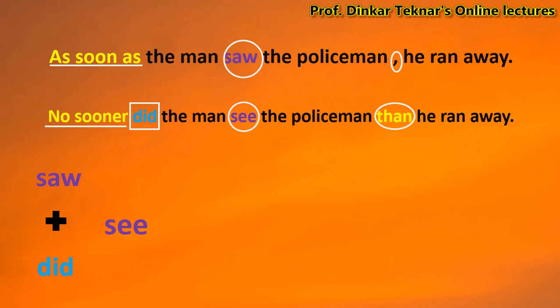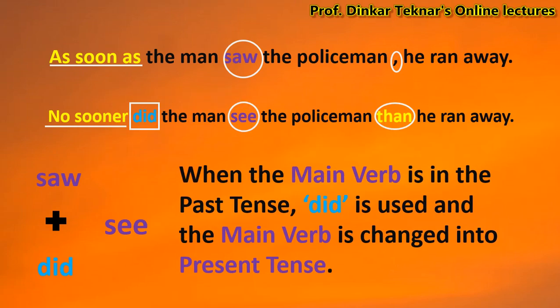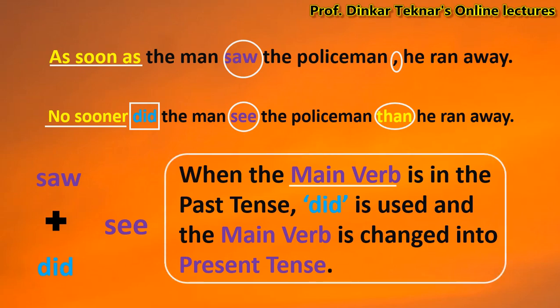This means when we use did, the past tense of the main verb becomes present tense. So the rule is, when the main verb is in the past tense, the auxiliary verb did is used and the main verb is changed into present tense.